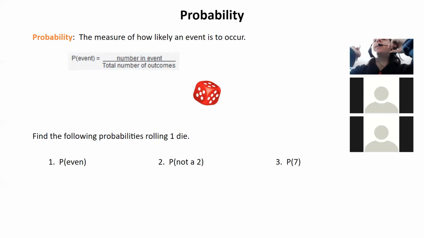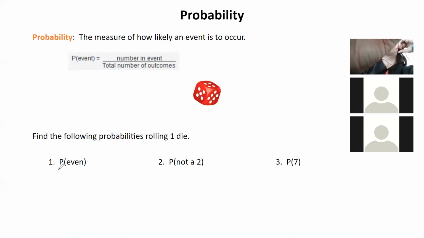It's all good. Okay, let's think about this one now. We have another 6-sided die, and we want to find the probability of it being even. So we've got to think, how many sides on that 6-sided die? We know there's 6 sides, so that's going to be my total outcomes. How many could be even? Isabel says 1/2. I like it.